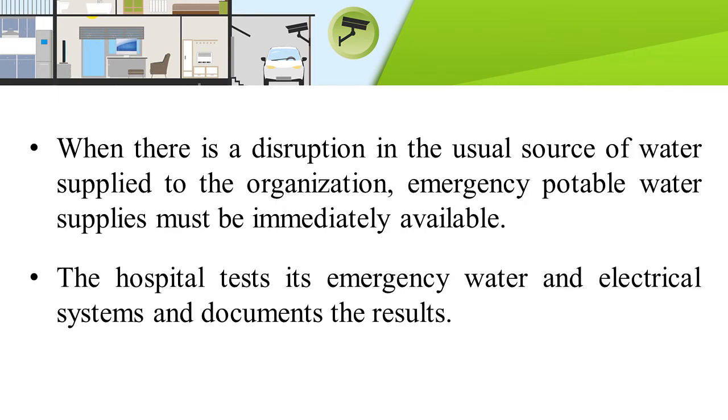When there is disruption in the usual source of water supplies to the organization, emergency potable water supplies must be immediately available. The hospital tests its emergency water and electrical systems and documents the results.